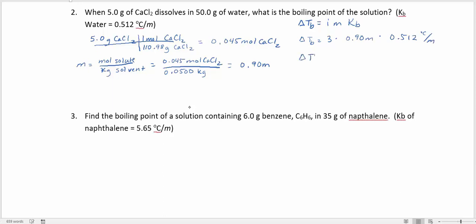So the change in boiling point is going to be 1.38 degrees Celsius. So now the new boiling point, this is an increase in the boiling point. Boiling point of water is 100 degrees Celsius. So our new boiling point is 101.38.